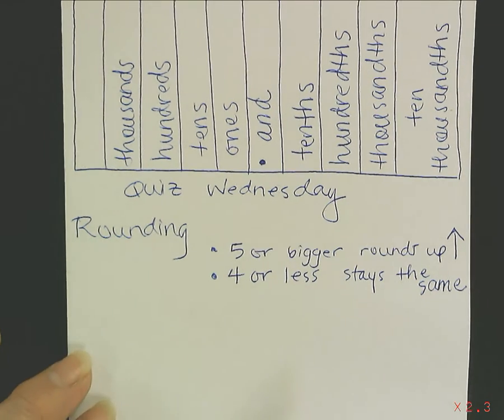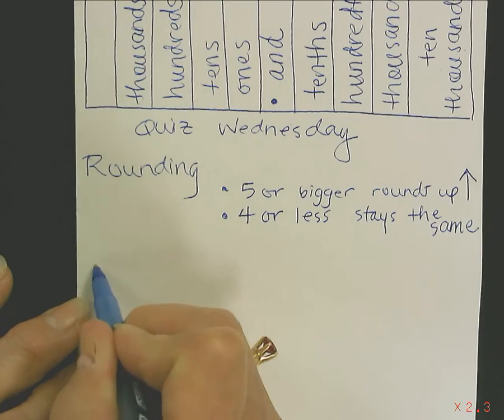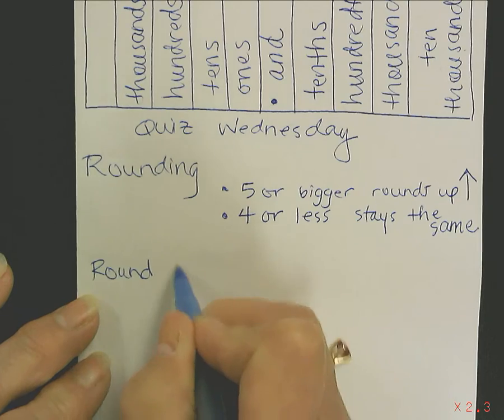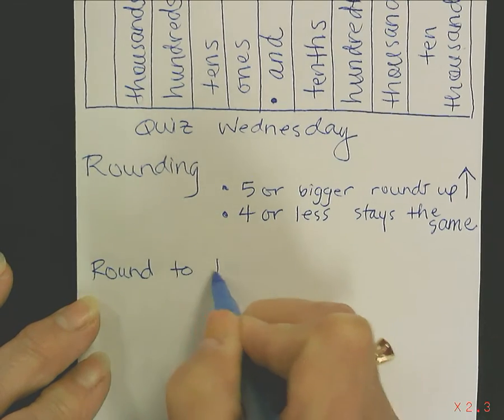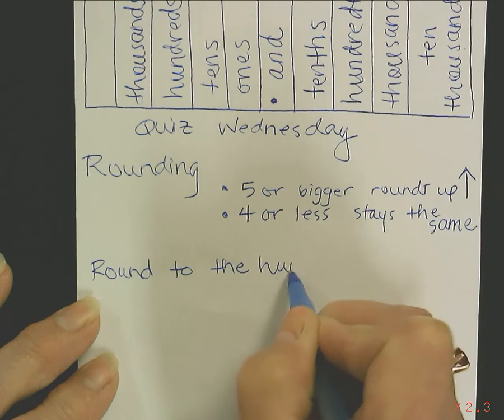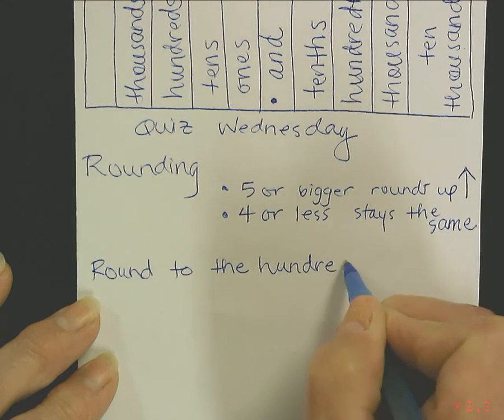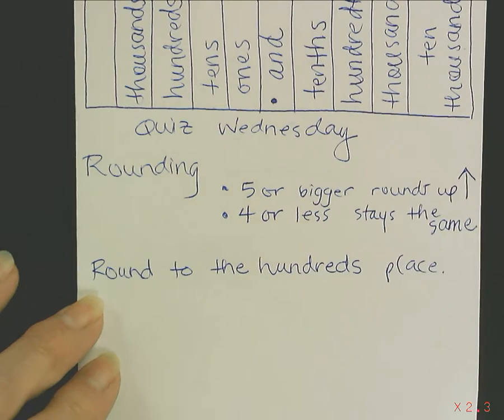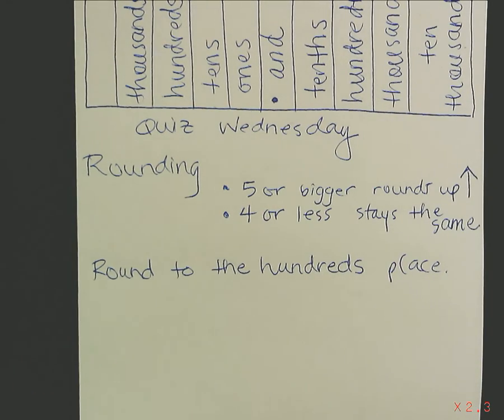So for our first set of numbers, here are your instructions. Write this down. Round to the hundreds place. Hundreds. Notice I didn't say THS.